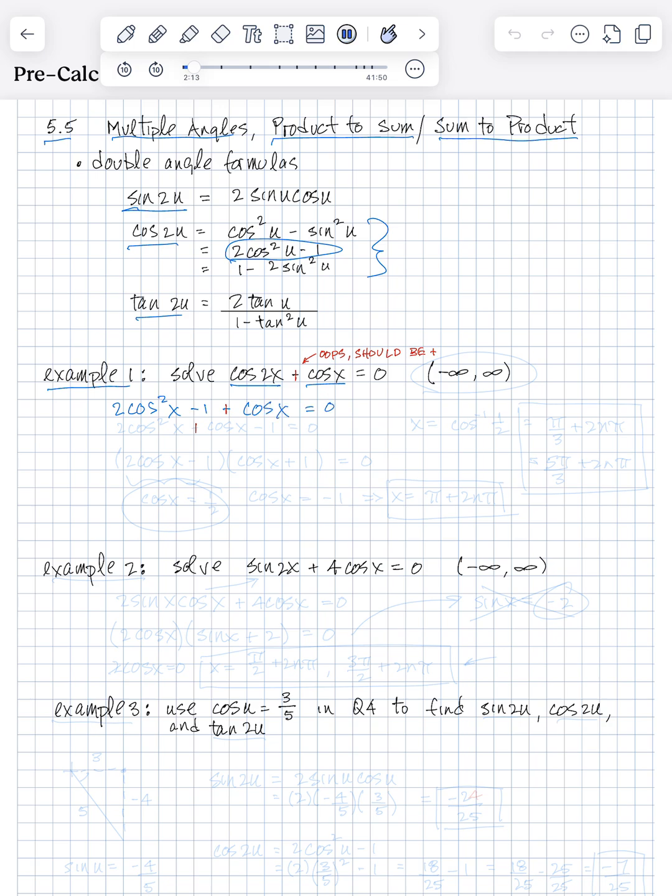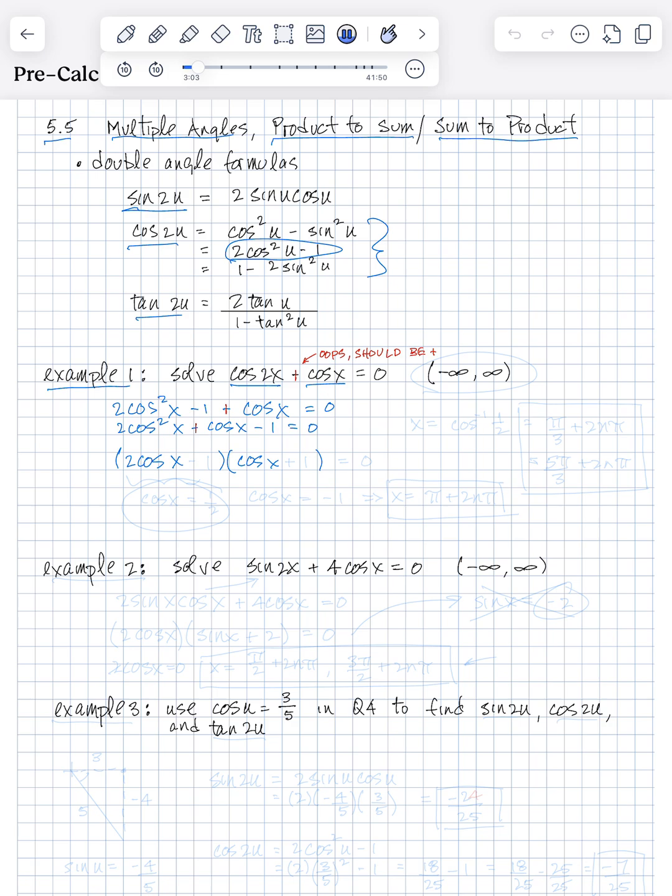equals 0. And now I'm going to put it in the form that looks a little bit more familiar for a quadratic. We'll write it 2 cosine squared x minus cosine x minus 1 equals 0. And we'll see if we can factor these. So factors of 2 cosine squared x would be 2 cosine x and cosine x. So both of them are minus, and so one has to be negative, and factors of negative 1 are just 1 and negative 1.